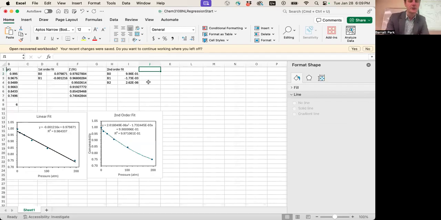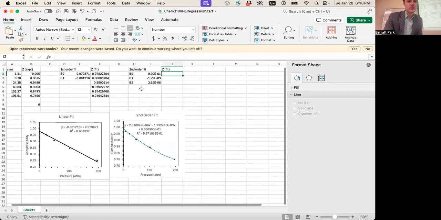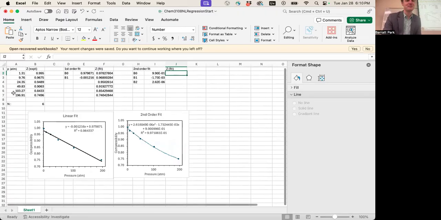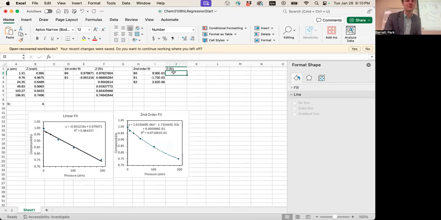Maybe I'll also compute the fitted value of the compressibility according to the second order model. Basically, we're going to calculate this equation for these pressure values where we measured the compressibility.